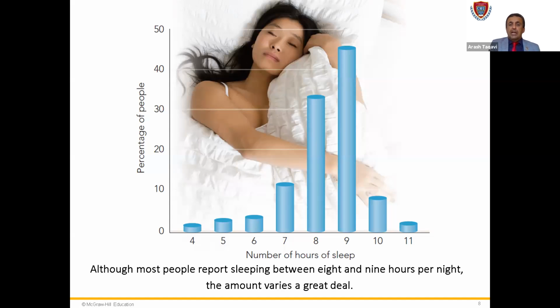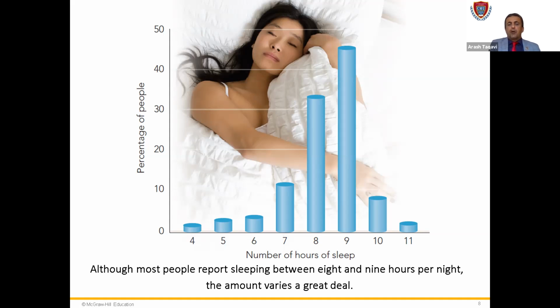Only less than 5% say we need only 4 hours per night. And at the same rate, near 5% say about 11 hours per night. So the major percentages are about 7 hours, 8 hours, and 9 hours per night.